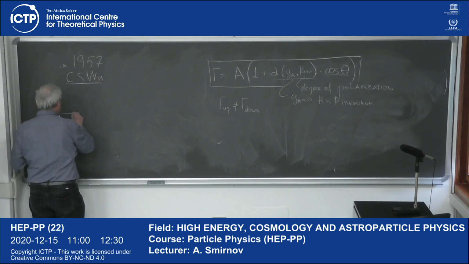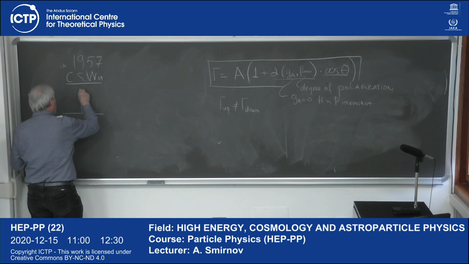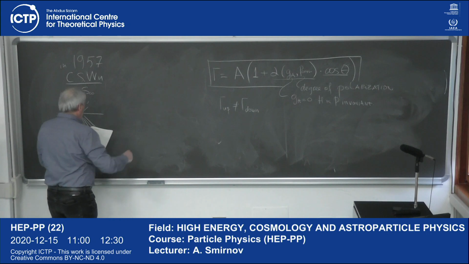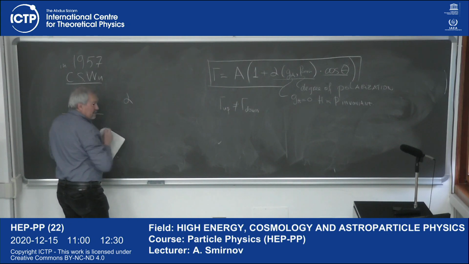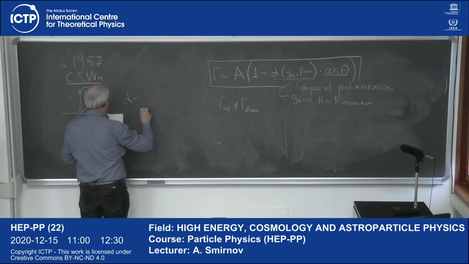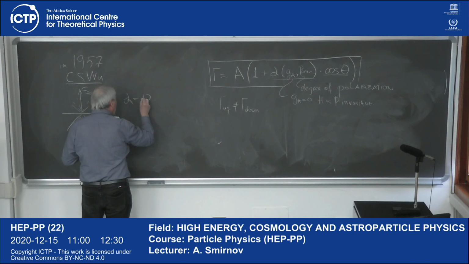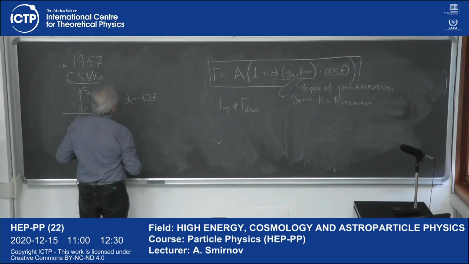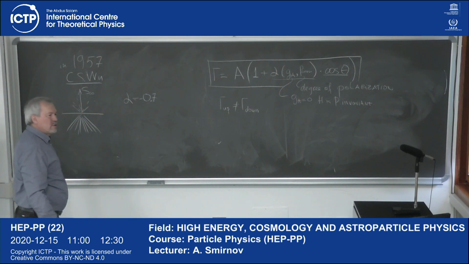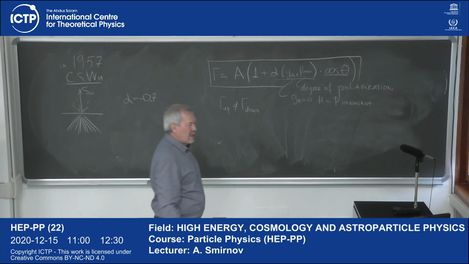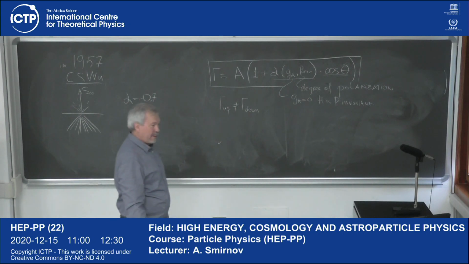What she found is that for spin of the cobalt up, more electrons are in the down direction than in the up direction. So here's more electrons. So clearly observing asymmetry, and therefore alpha should be negative, right? And she measured that alpha is minus 0.7. So that gives you the measure of asymmetry up and down in this experiment.